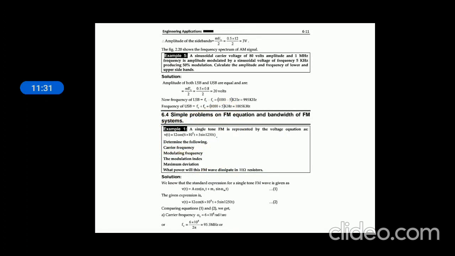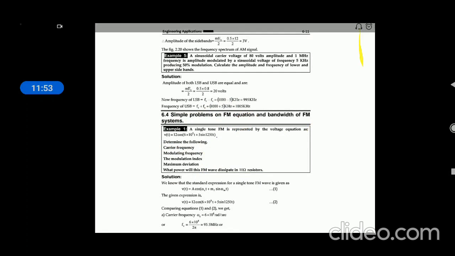This is the time domain equation given in the problem for FM signal voltage, and you are asked to calculate carrier frequency, modulating frequency, modulation index, and maximum deviation. What power will this FM wave dissipate in a 10 ohm resistor?